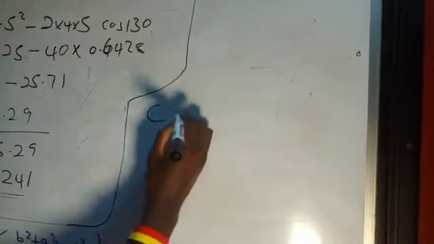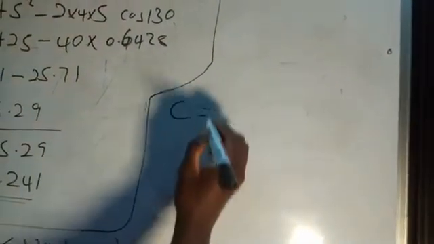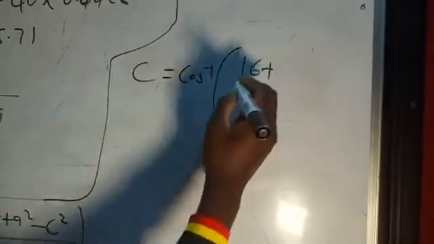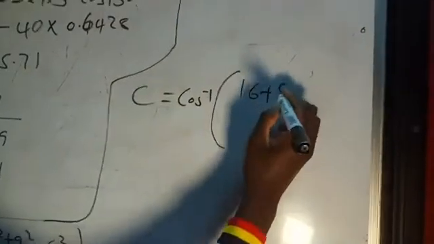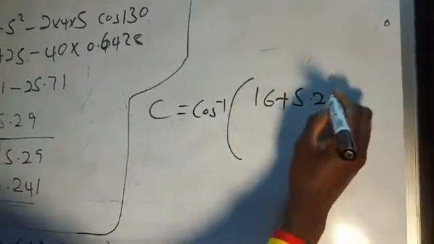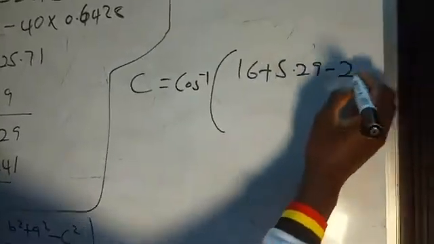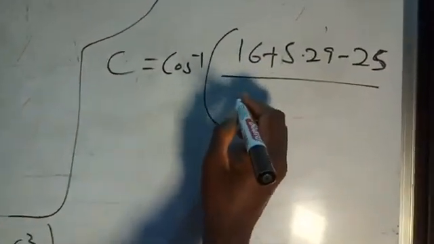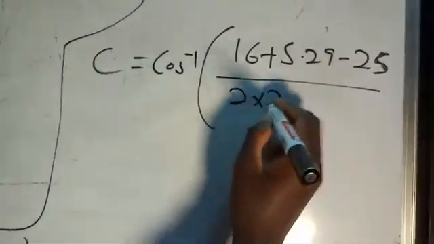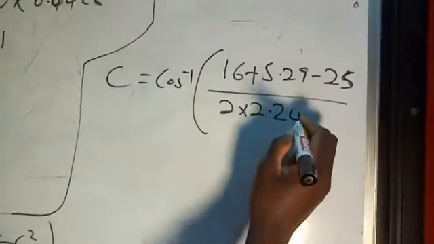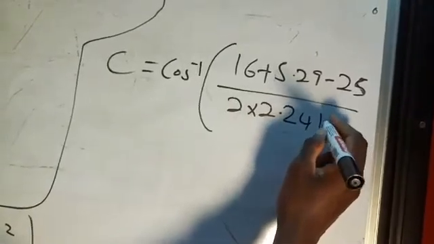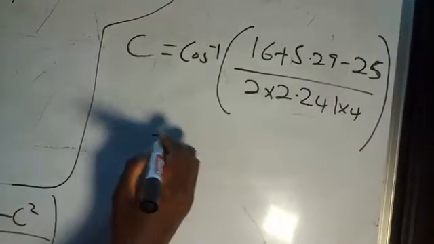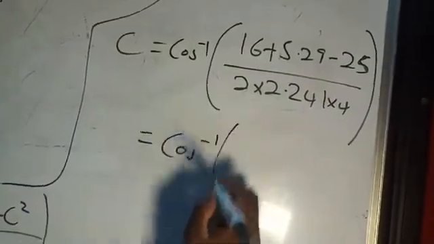So angle C will equal cos inverse into brackets 16 plus 5.29 minus 25 over 2 times 2.241 times 4.